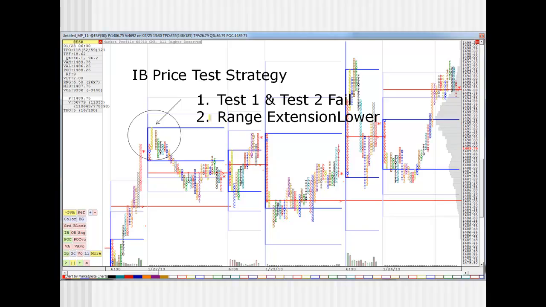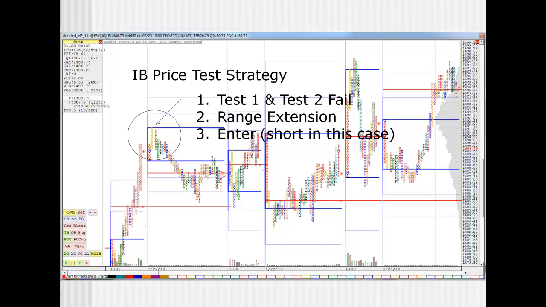Now, we're looking for a range extension lower. As we saw here with period E, it drops below by 1 tick and we're in. And that is a very basic, very simple strategy to help you trade the initial balance. In this case, of course, we would enter a short trade because we had rejection of an initial balance high.